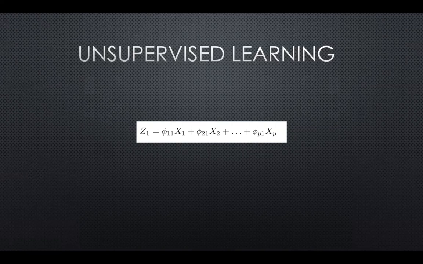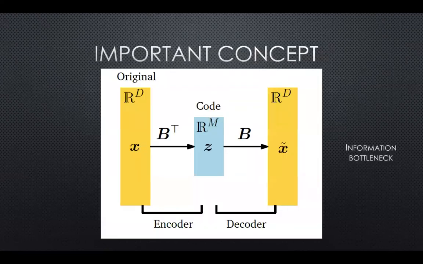This is linear in terms of the input features. If you accept this restriction or assumption, then you can find a new lower dimensional plane, or a new feature, z1, which is a linear combination of the original input features. So this is an assumption that PCA makes. I will come back to this slide in a few minutes.